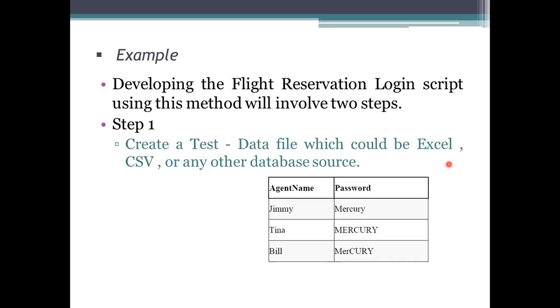Okay, comma separated values, you know that now, a CSV file. So here you have the agent name and then the password. If we are providing any other authentication feature, just include that also.